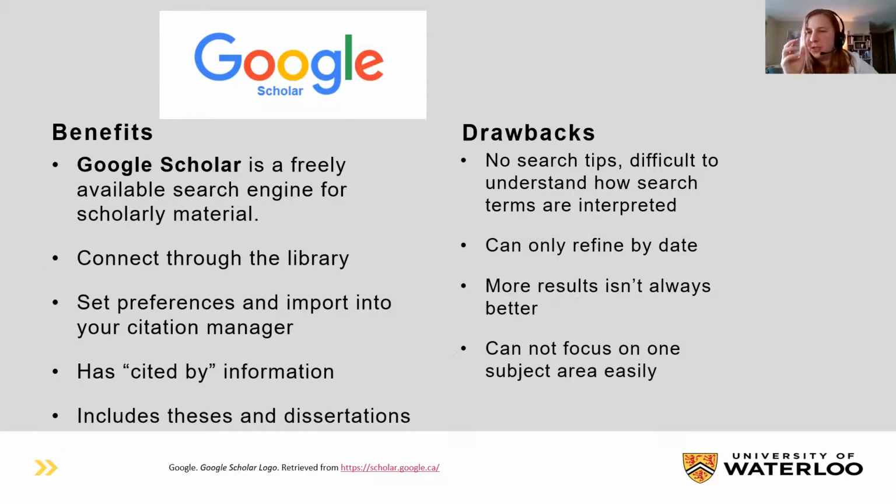And so sometimes it's actually better to go with a more specialized database, which I'll get to in a minute, that can hone in on the more sociology, legal studies works that you're looking for rather than going through Google Scholar. And it's hard to have a specific focus in Google Scholar. It'll often bring up stuff that's less relevant for you.